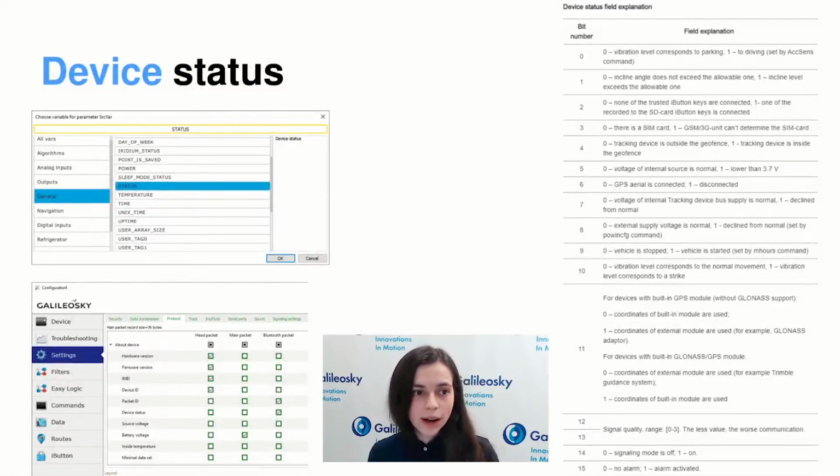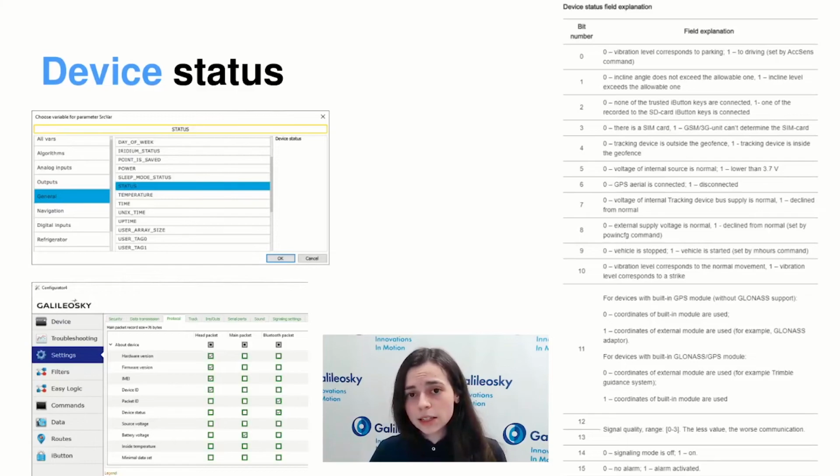It is a 2-byte variable, and each bit is responsible for something. If you look at the bottom of this table, you will see signal quality ranging from 0 to 3. So the range from 0 to 31 is compressed to a value from 0 to 3. Typically that's enough for analysis.